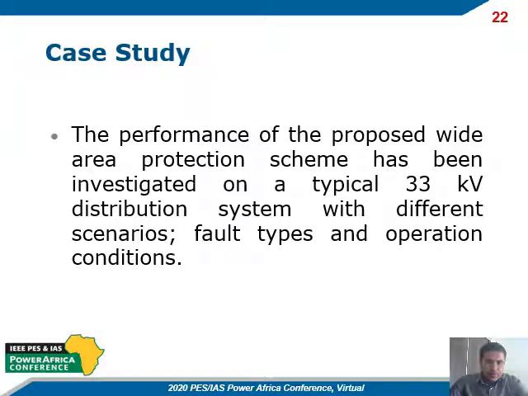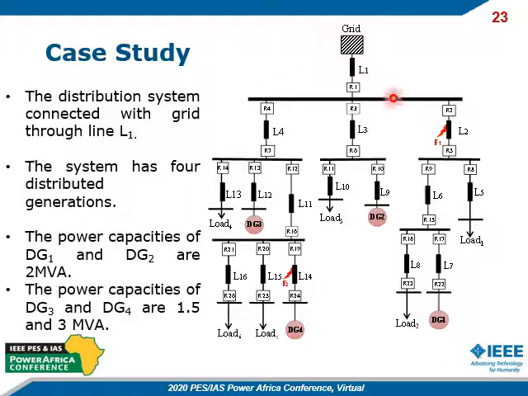To test and validate the proposed scheme, we take a case study. Our case study is a medium voltage distribution system with different scenarios, different faults, and different operation conditions. This system is connected to the grid at bus 1, and it has 4 DGs: DG1, DG2, DG3, and DG4.